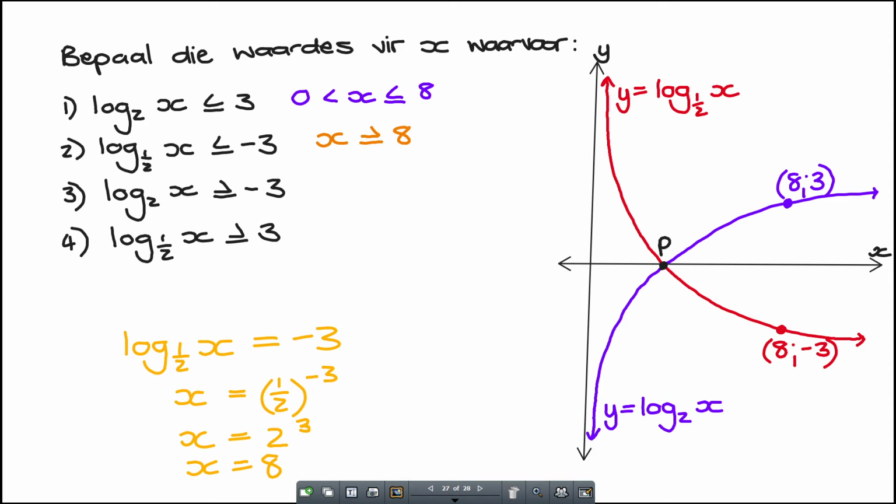Right, can I delete the bottom part? Can I ask you guys to try number 3 and 4 on your own? You now have the coordinates, so jy moet nou net gaan sê, is dit groter as, kleiner as, is dit tussen, what?